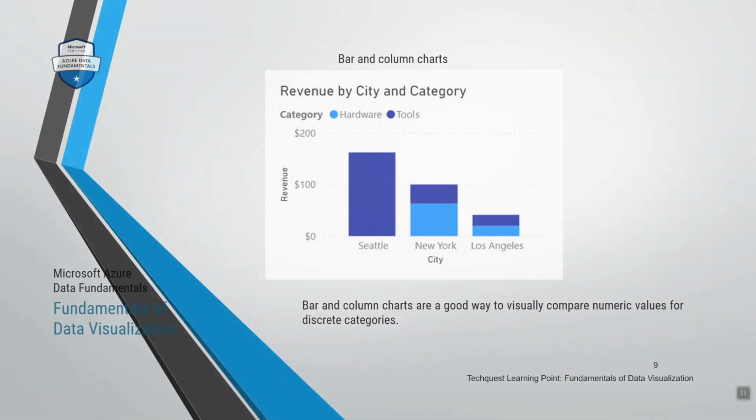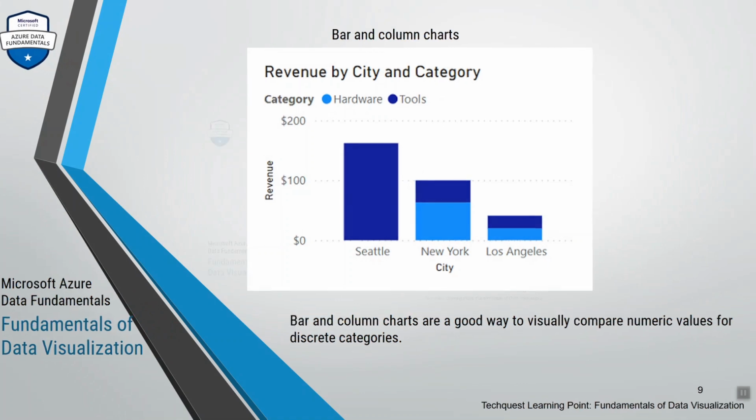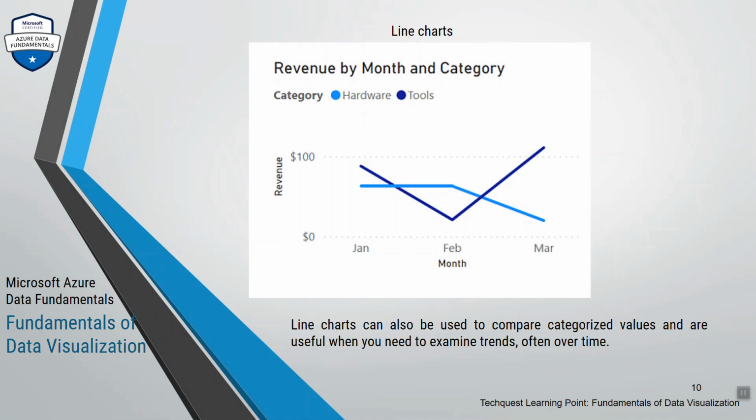Bar and column charts are a good way to visually compare numeric values for discrete categories. Line charts can also be used to compare categorized values and are useful when you need to examine trends, often over time.